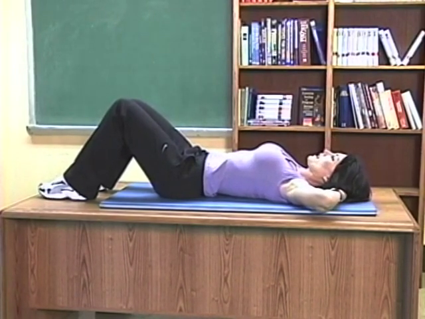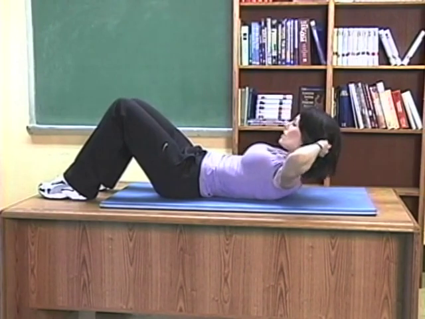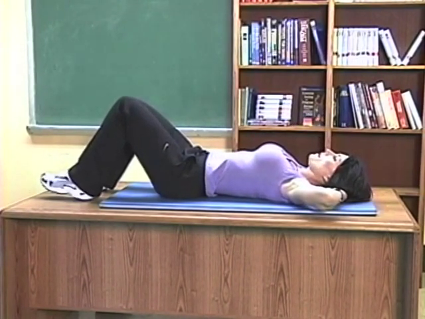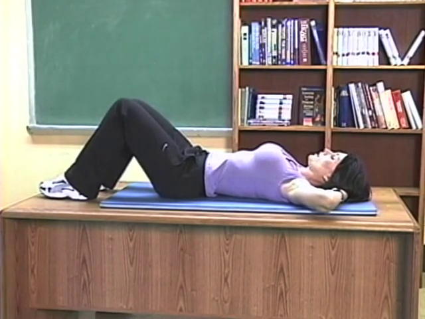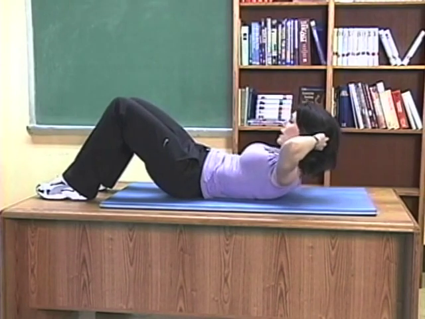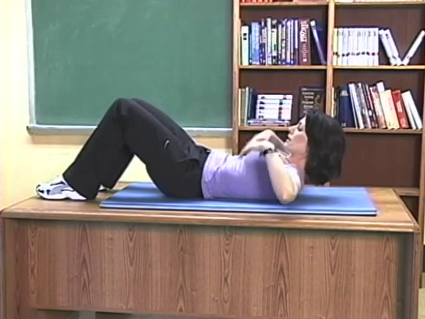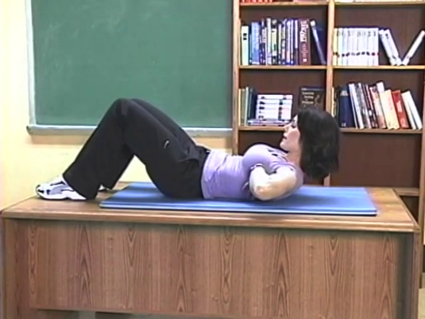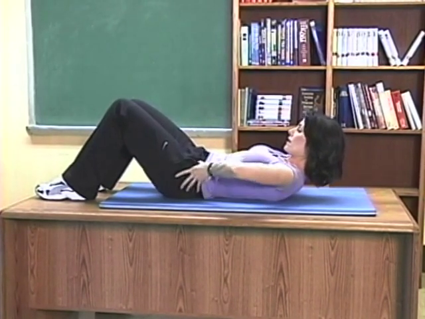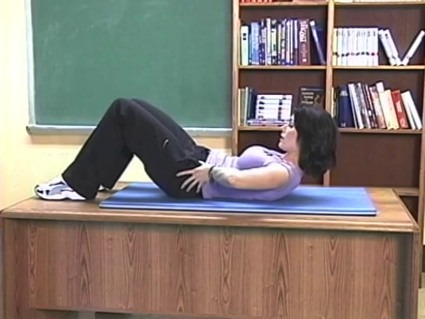Now, I do want to say a few things about executing a proper abdominal curl-up. Many people, when executing this exercise, like to throw the hips into the action. So you'll notice as some people curl up, they're also doing a pelvic tilt. So not only is the thoracic spine flexing, but they're also engaging in the glutes and the hips to provide a posterior pelvic tilt.